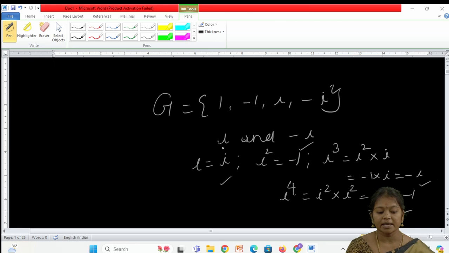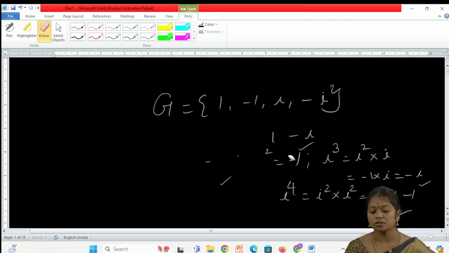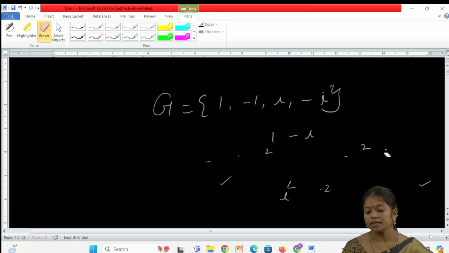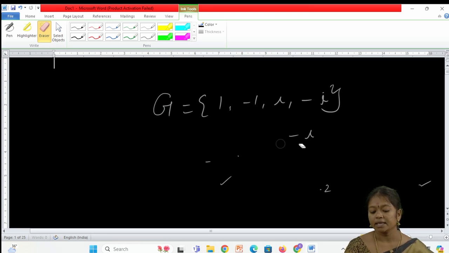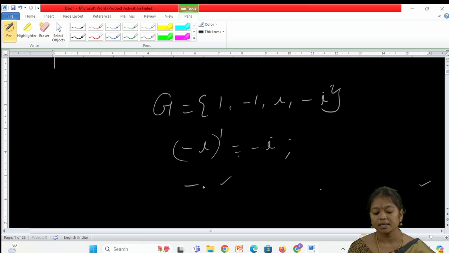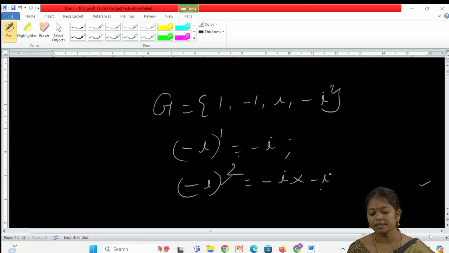Similarly, we can derive that the element minus i is also a generator of this group G equal to {1, minus 1, i, minus i}. In this way we can find the elements. For example, minus i power 1, that is minus i, then minus i the whole square, that is minus i into minus i, we are getting minus 1.